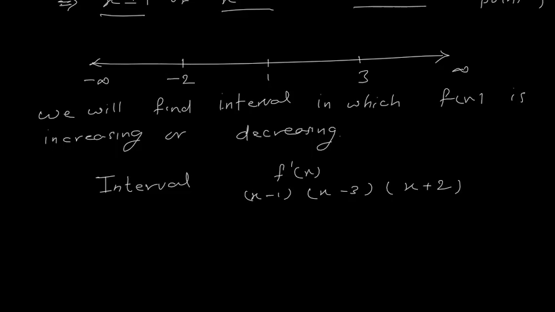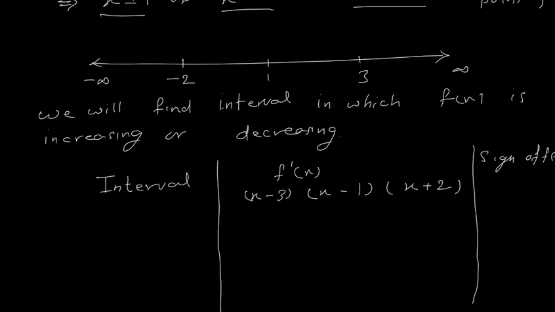If I write them in order, first I will write x minus 3, then x minus 1, then x plus 2. This will make my understanding easy. And the last column I will use for the sign of f dash x.